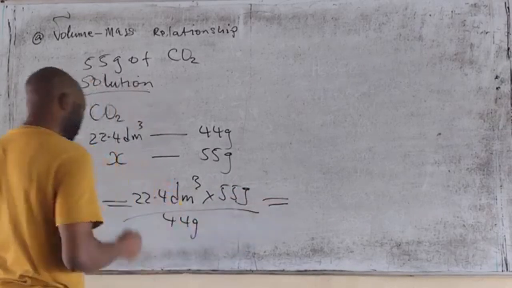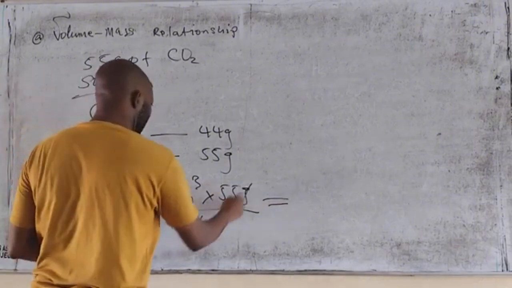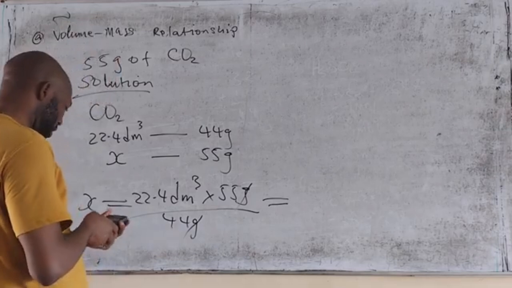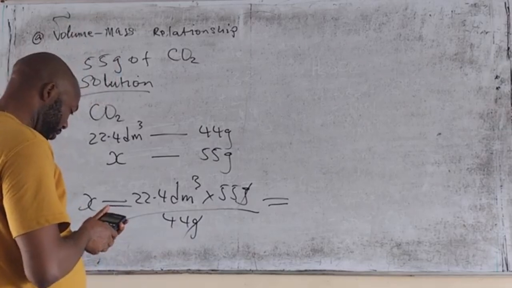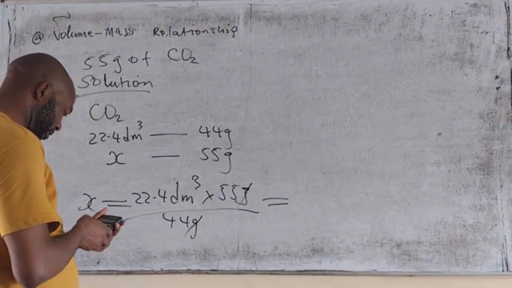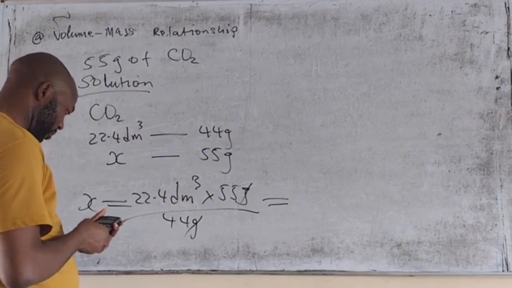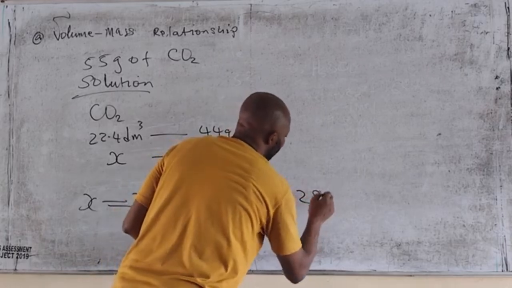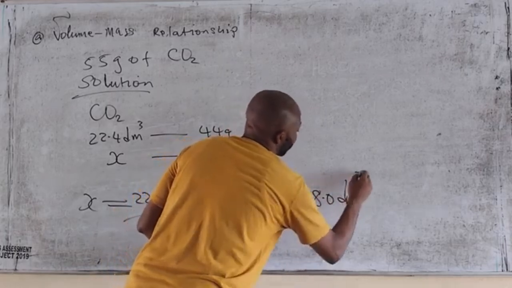If I cancel my gram out, that is 22.4 times 55 divided by 44, which is 28.0 dm cube.